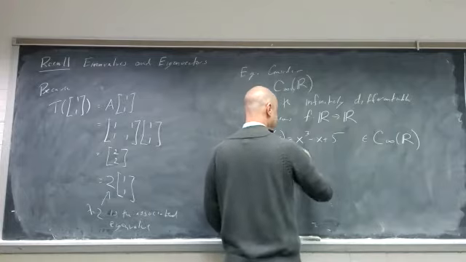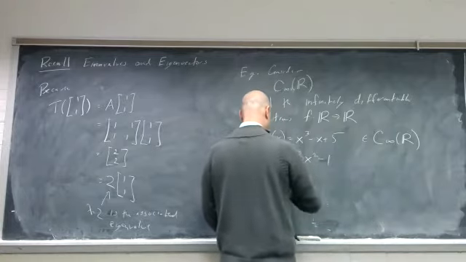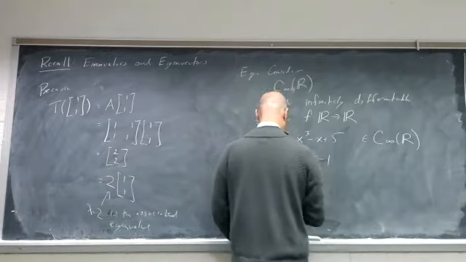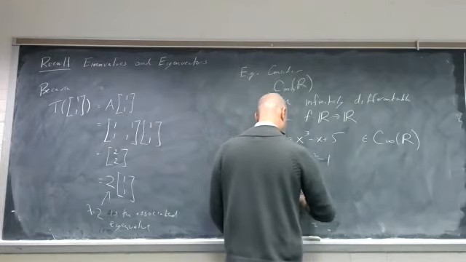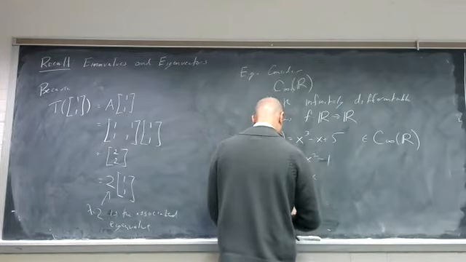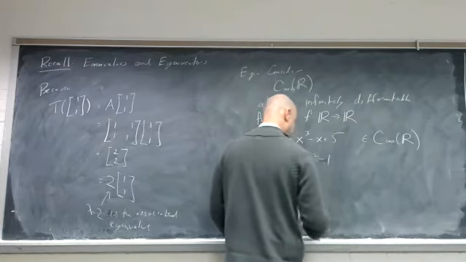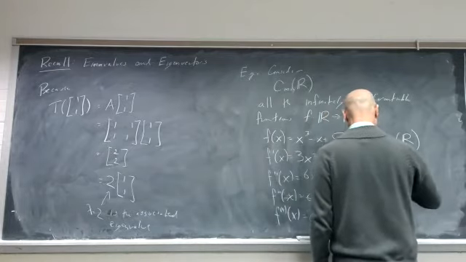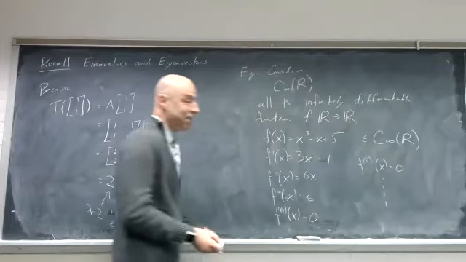F prime of x is 3x squared minus 1. F double prime of x is 6x. F triple prime of x is 6. The fourth derivative is 0, the fifth derivative is 0, and it's 0 forever after. But I can just keep taking the derivative forever.